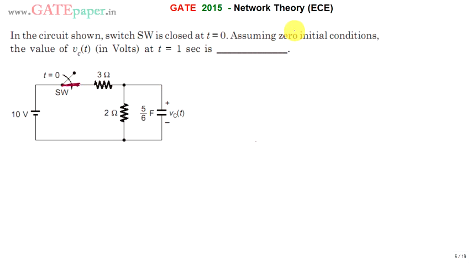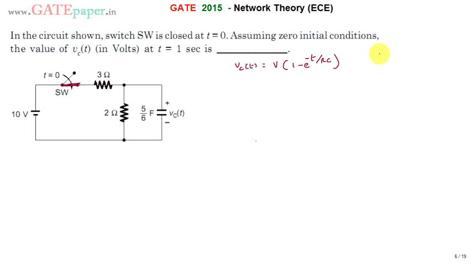It is given that there are 0 initial conditions, so the capacitor is uncharged before t equal to 0. Okay, so this is the circuit, and we know the equation for a capacitor. Vc(t), while it is charging, is V times (1 minus e power minus t by RC). RC is nothing but the time constant.